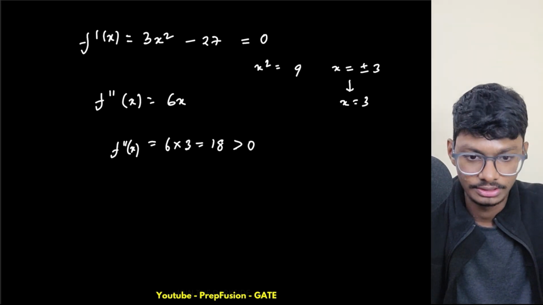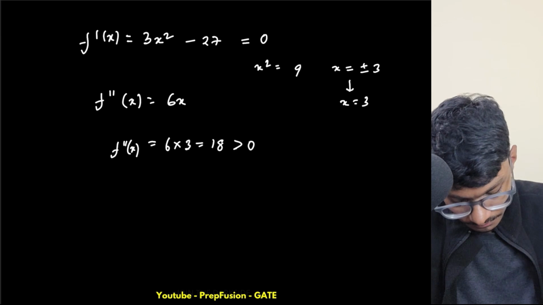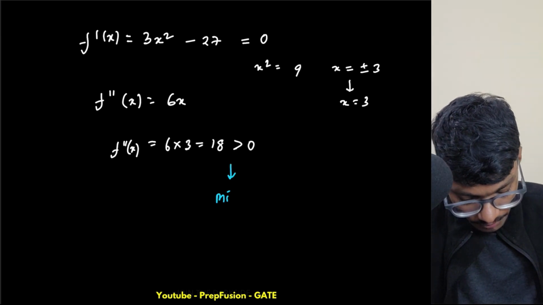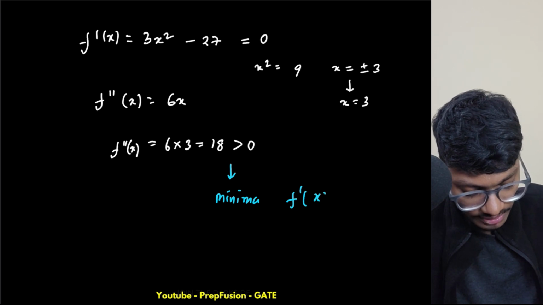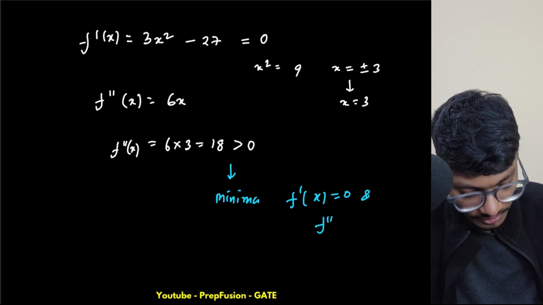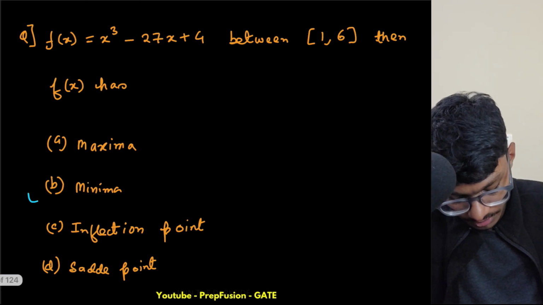What does that mean? That simply means we have a minima over here. This is a minima when f dash of x equals 0 and f double dash of x is greater than 0, so hence b will be correct.